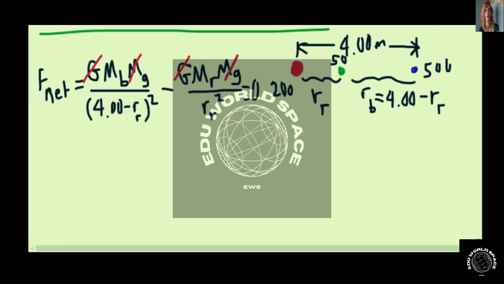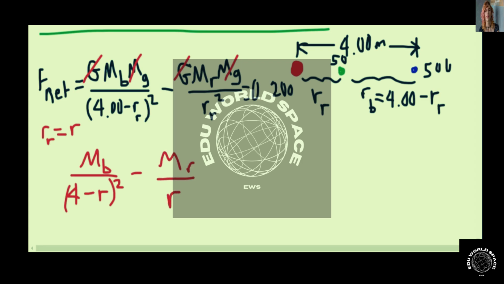And so it simplifies to M B over 4 minus R squared minus M R over R squared, and I'm just going to say that R is the same as R R. All right, we need to figure out what R is.